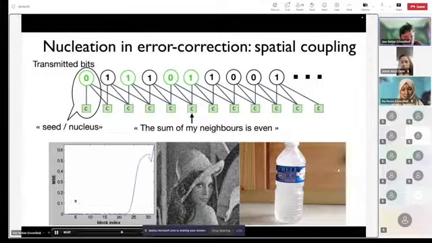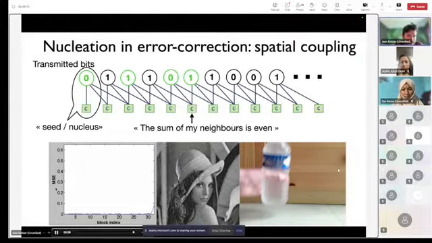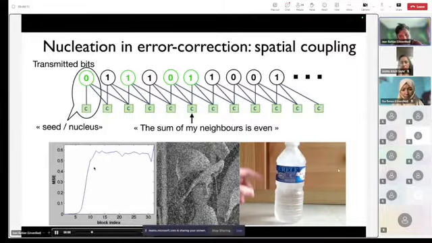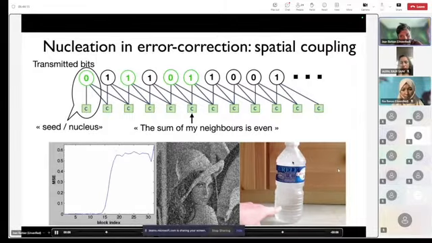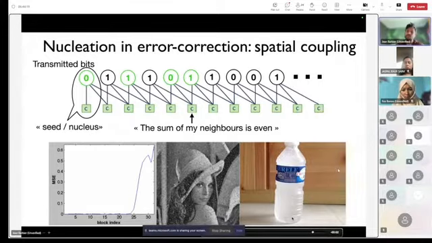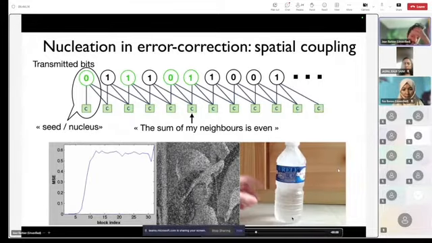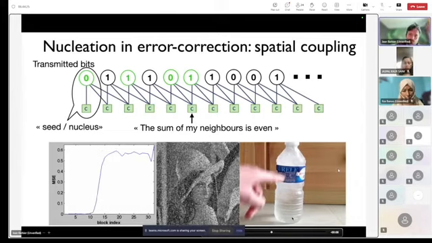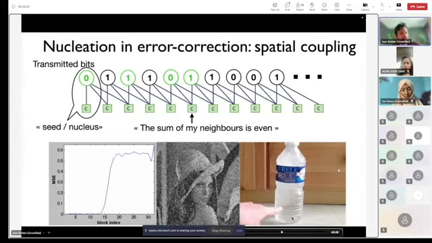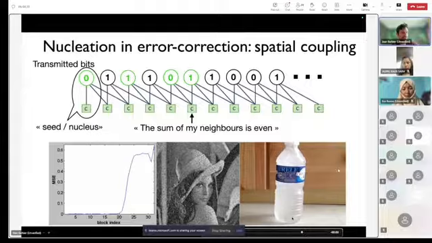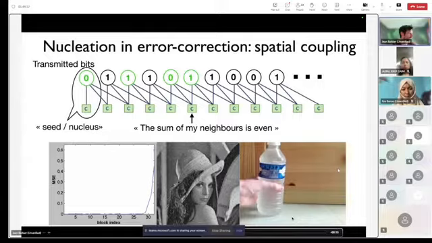And you see a reconstruction wave that propagates from the seed and that propagates in the system, exactly like the seed of crystal propagates in liquid water. It's the exact same phenomenon. So you can exploit this nucleation strategy that is present in nature as a way to achieve very high inference performance in signal processing or in communication.